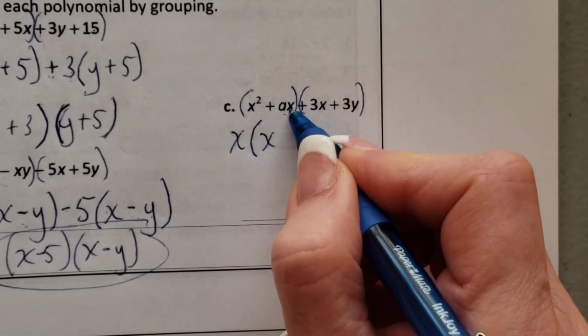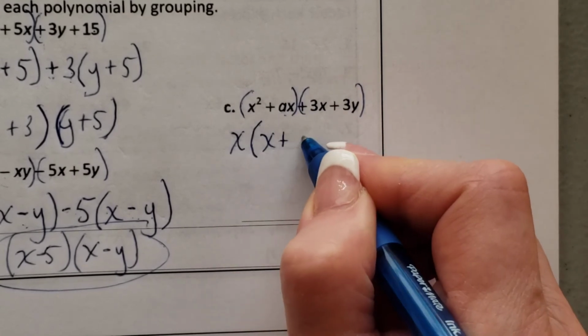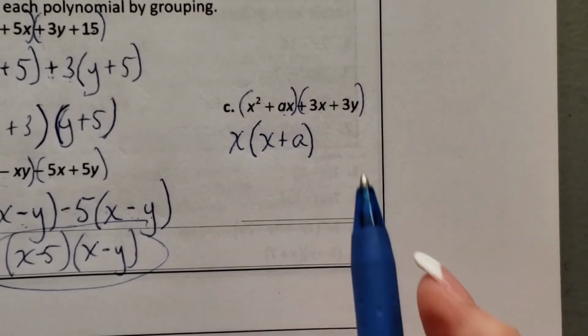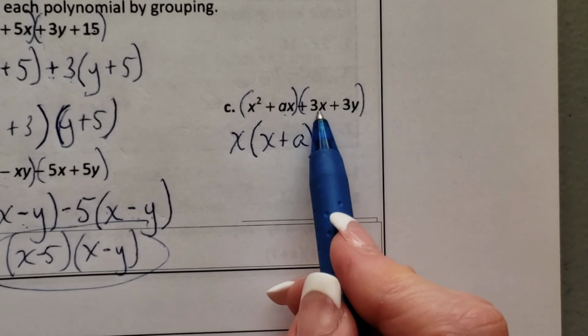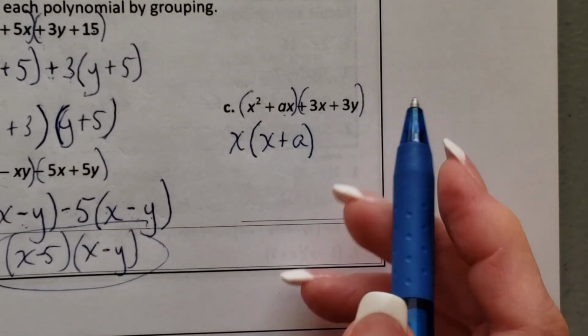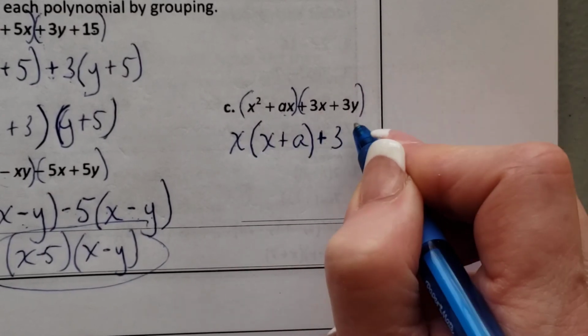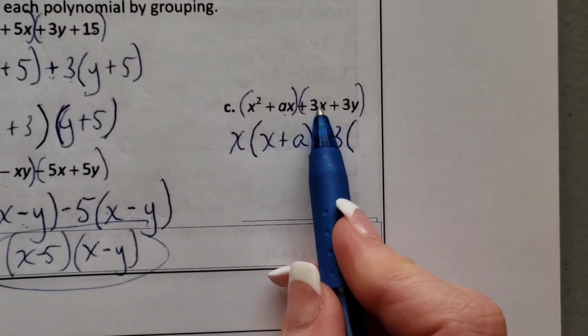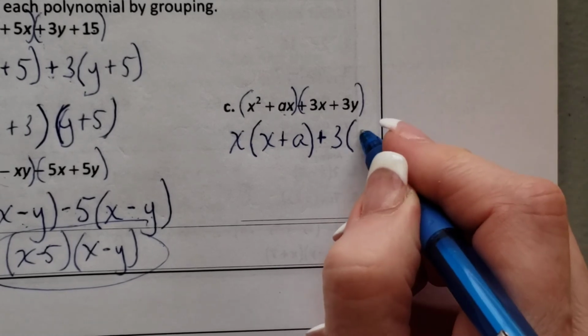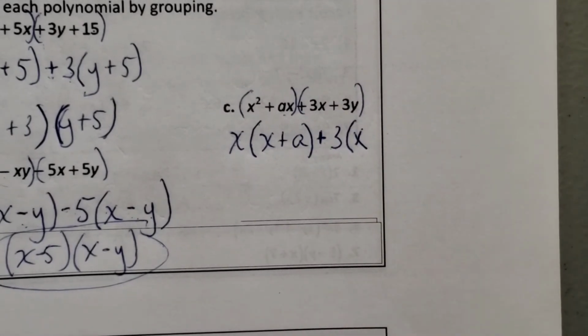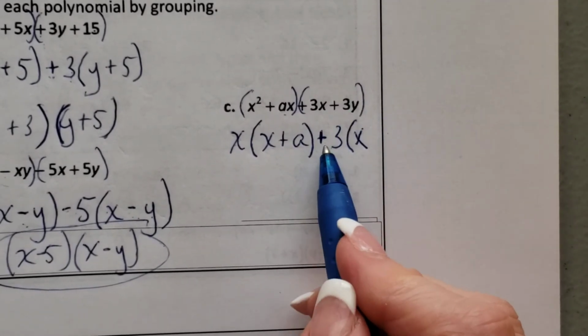A x, I'd pull out an x. I'm left with plus a. My next 2 terms, what do they have in common? A positive 3. Remember step 1, I need a sign right there. So what is 3x divided by 3? X. And then what is 3y divided by 3?